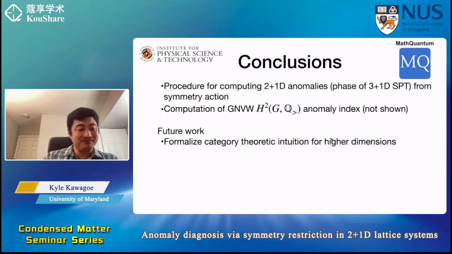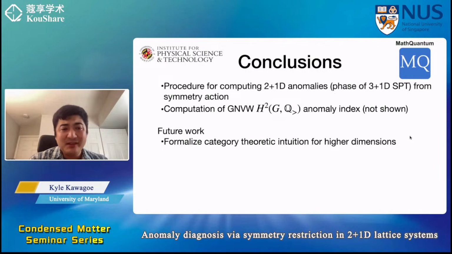So just to conclude, I showed you a way to compute 2+1 dimensional anomalies in lattice models, or symmetry anomalies in lattice models in this dimension. In particular, computing this sort of de Hoodt anomaly.